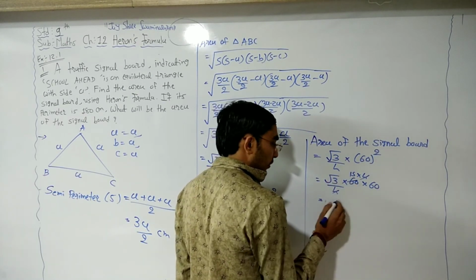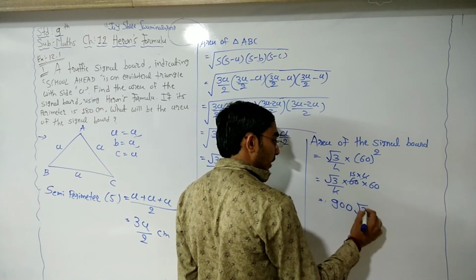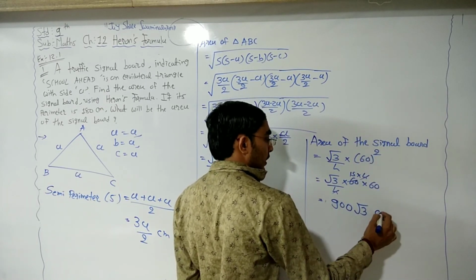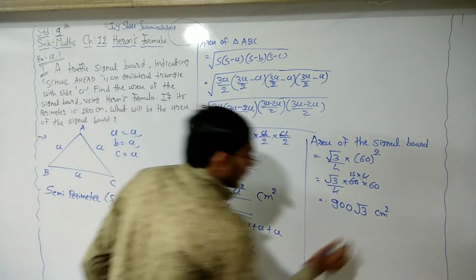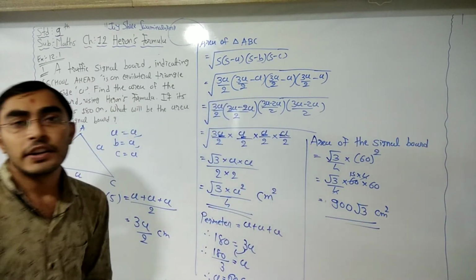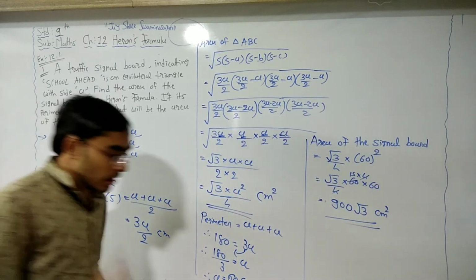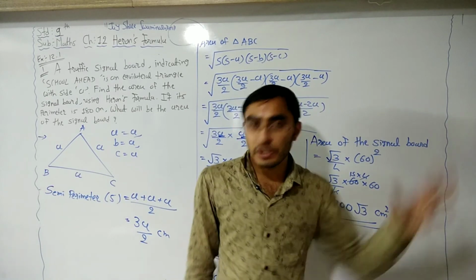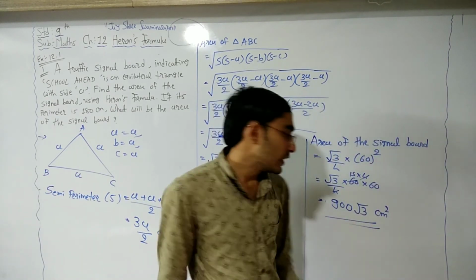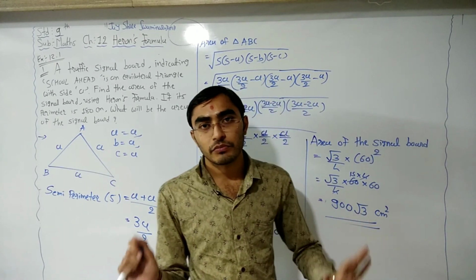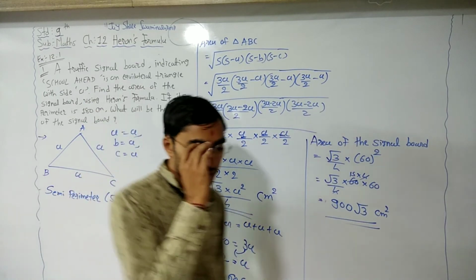So 15 multiply 6 is 90, 1 zero, so 900, and under root 3 remains as it is. Under root 3 centimeter square. So here our answer of area of the signal board is 900 under root 3 centimeter square. If value of under root 3 is given in the question, then we need to put the value, but if it is not given, then we need to put as it is. Okay, so our final answer is 900 under root 3 centimeter square.